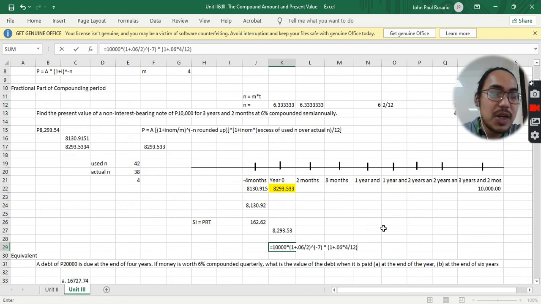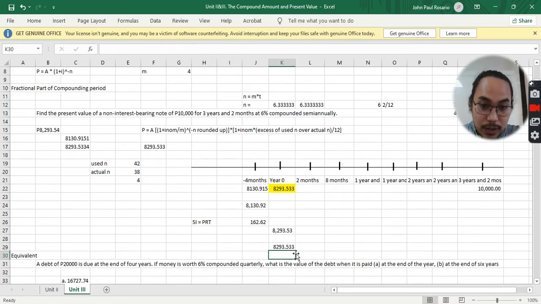Remember, in solving for the compound amount formula using simple interest, we use future value is equal to principal times 1 plus RT. So our principal here would be the present value of your compound amount using a rounded up number of compounding periods. So that should give you the same answer.